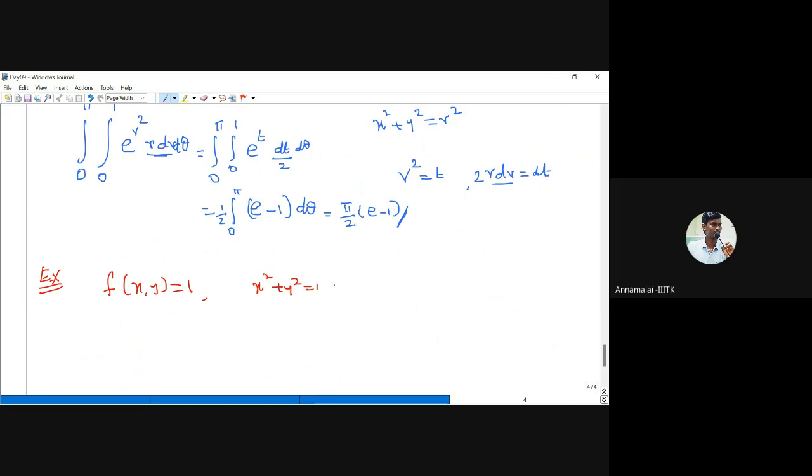That means a quarter circle. Quarter circle means what? 1/4 of the circle, but in the first quadrant. So maybe you can write the quarter circle x square plus y square equal to 1 in the first quadrant.